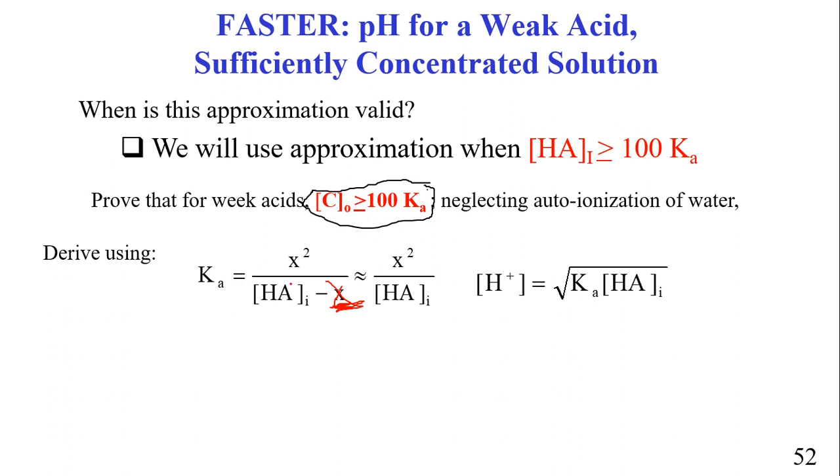And then you would say, okay, I assume X is negligible because this is okay. And if this is okay, then I could proceed. I could have the fact that Ka times HA is X squared, and then the H plus, which is the X, is simply the square root of Ka times HA initial.